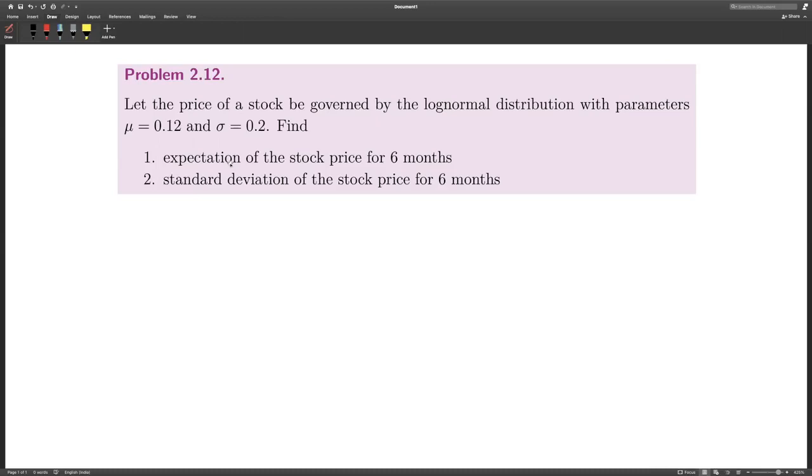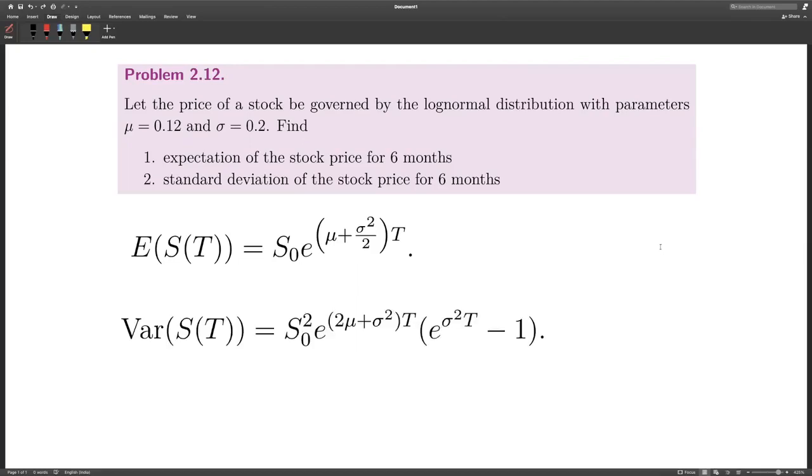The expectation is S0 into e to the power of (mu plus sigma square by 2) into t, and the variance is given by S0 square e to the power of 2 (mu plus sigma square) t into (e to the power of sigma square t minus 1).